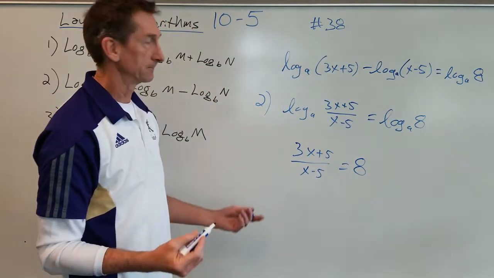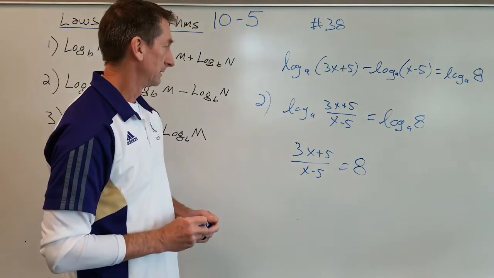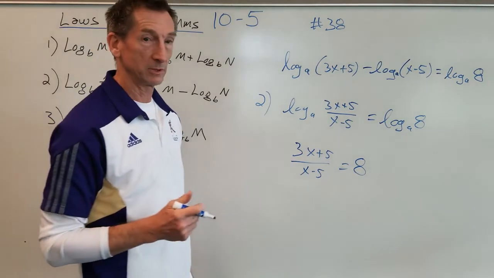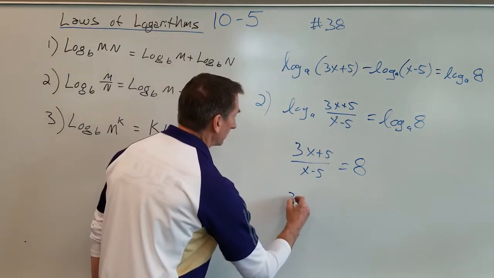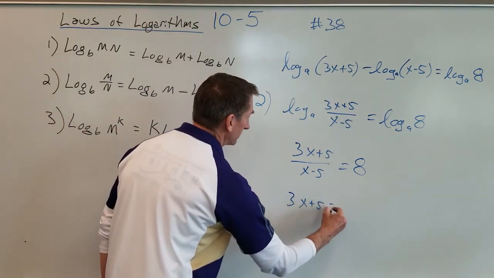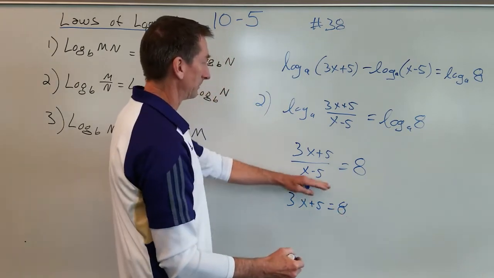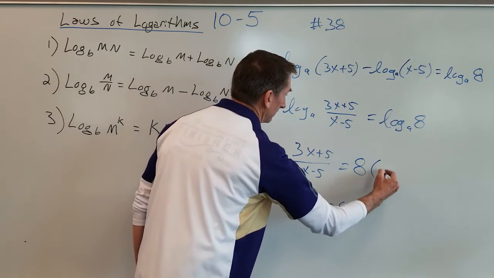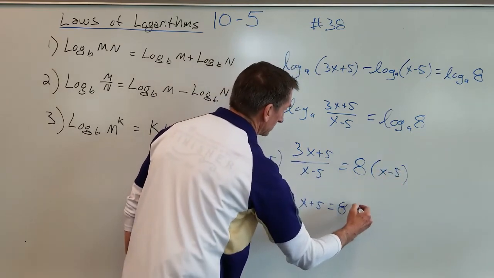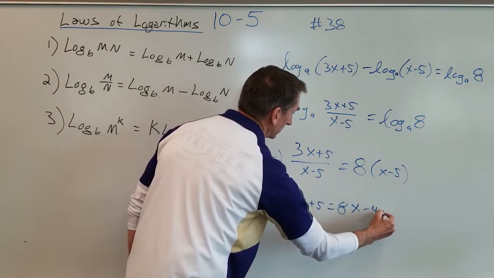Solve for x, which is just a little bit of minor algebra, which I'm sure you can do, but I'll demonstrate. 3x plus 5 is equal to 8. I'm going to multiply both sides by x minus 5. And that gives us 8x minus 40.